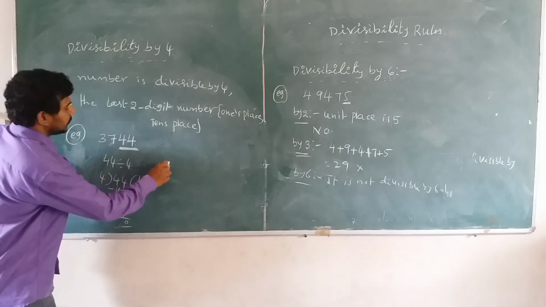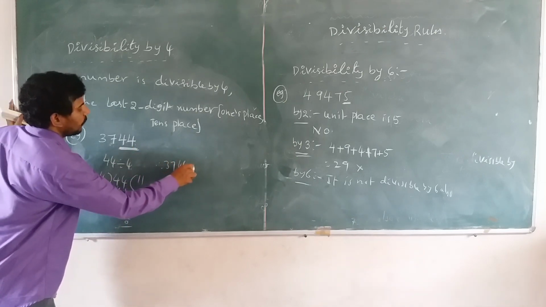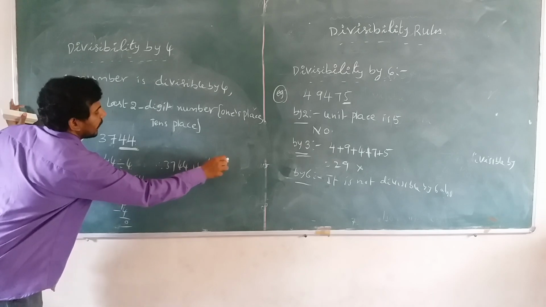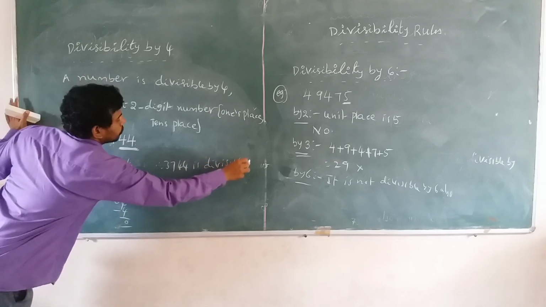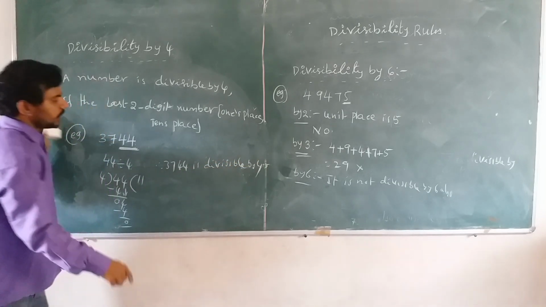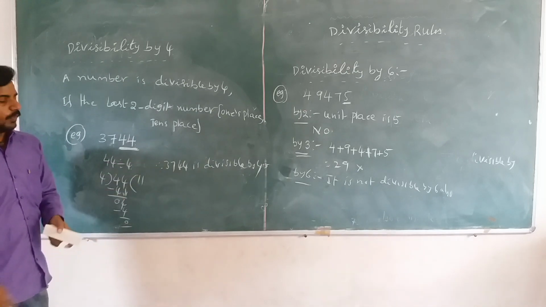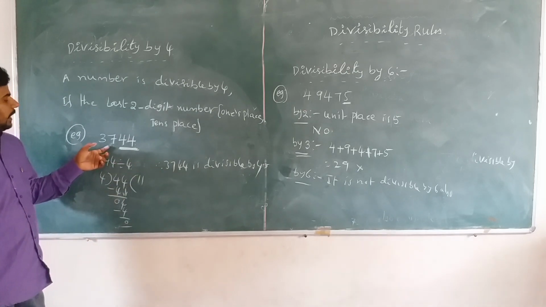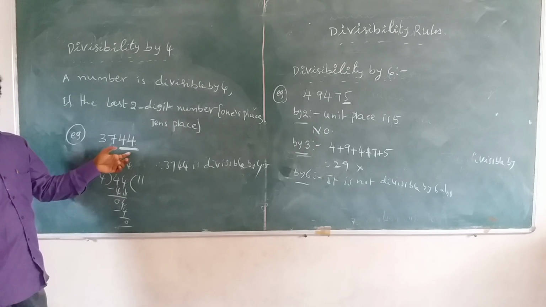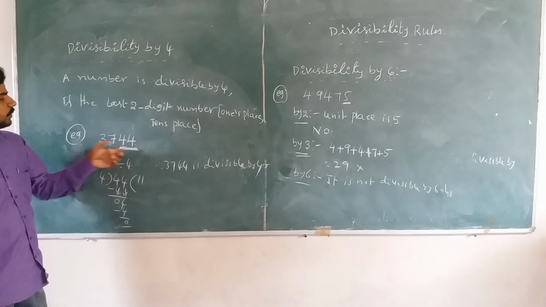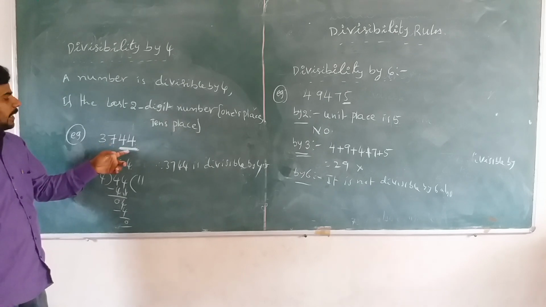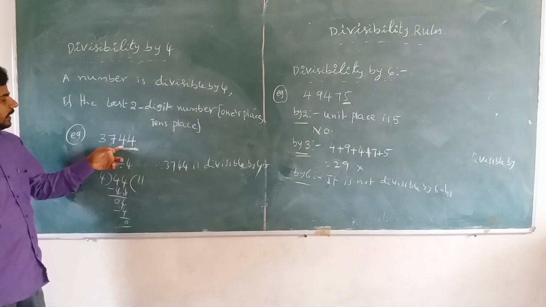So 3744 is divisible by 4. Why is it divisible by 4, children? The given number is 3744. In this, the last two digits mean the ones place and tens place digits.